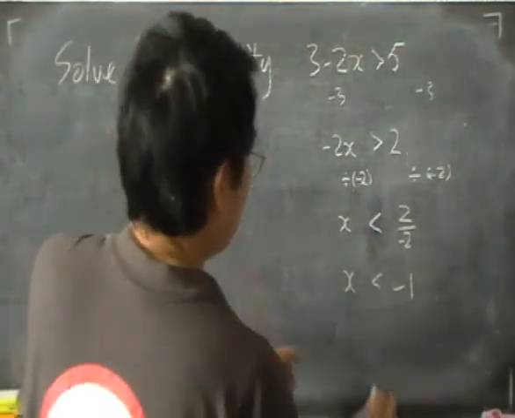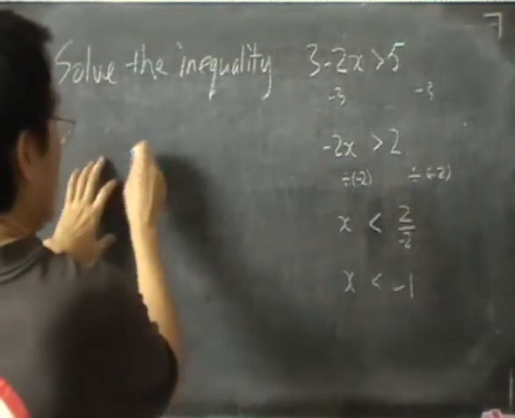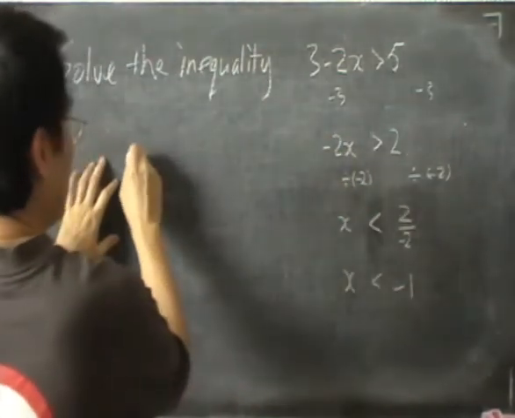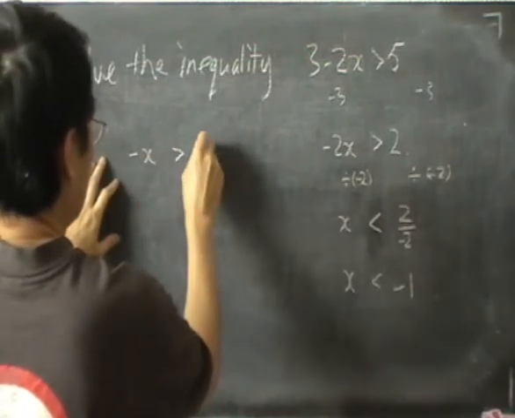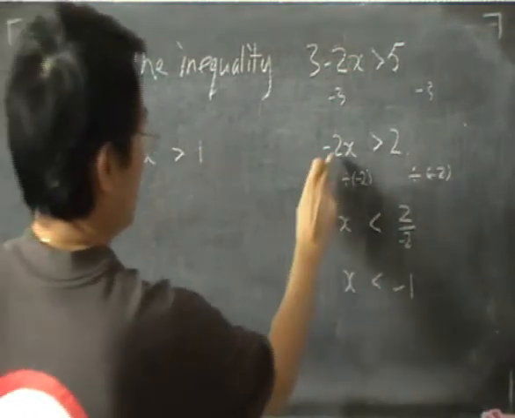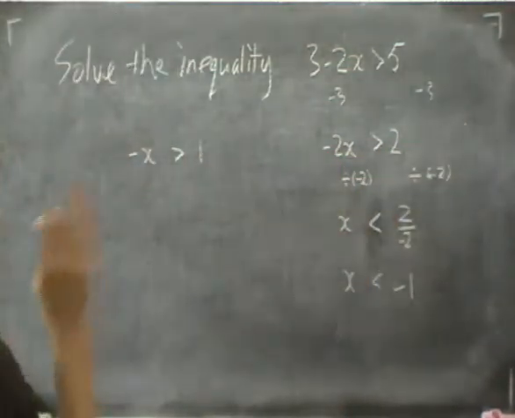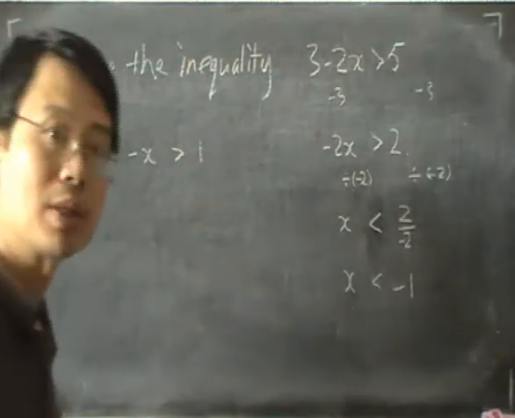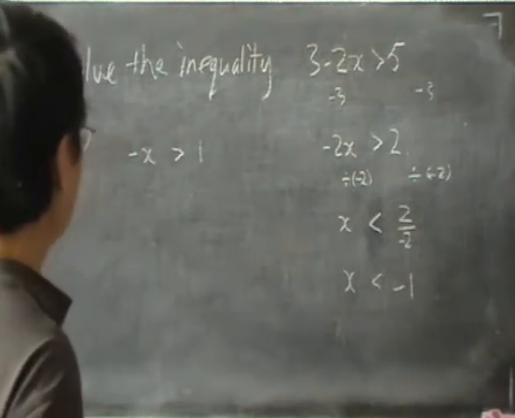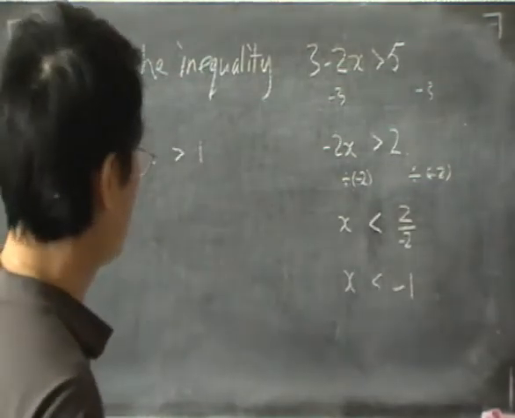So as an example, to make things easier, I'll just look at minus x is more than 1. For example, it's similar but without the 2. So I want to understand why, if I multiply both sides by a minus 1, I should change the direction of the inequality.